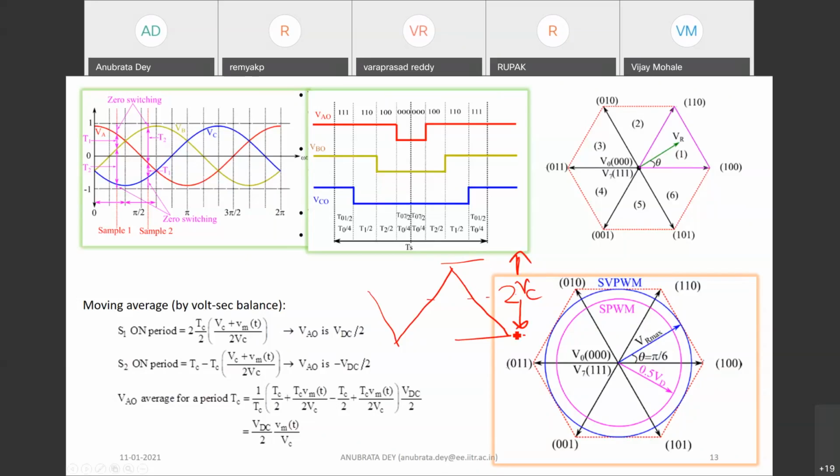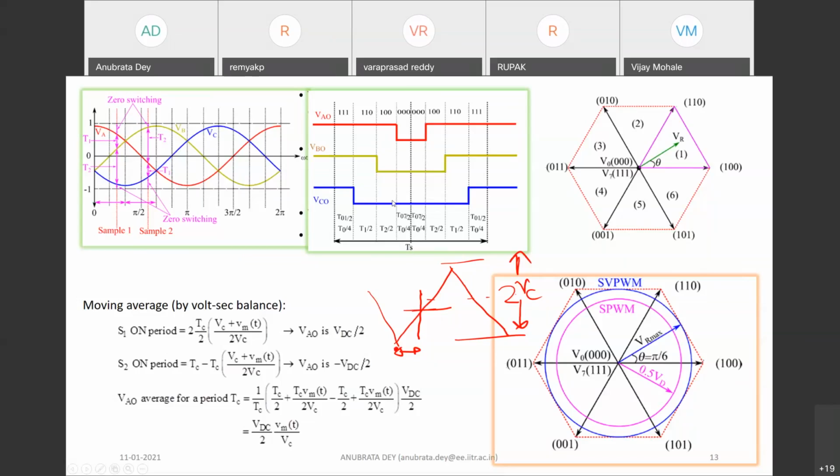Whenever there is a crossover, you can easily find out the crossover time from the starting point, from here to here, by this equation. Here TS and TC are the same.